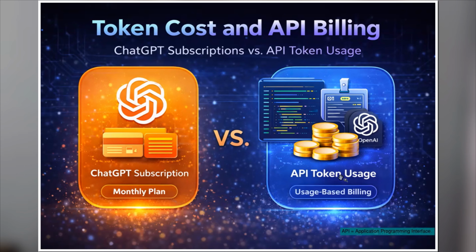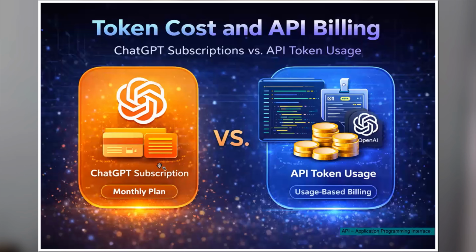The API is the application programming interface. When you have your plan, let's say with ChatGPT or OpenAI, this subscription plan is for you to be subscribed to this model. But as you work in programming and create a model, there is an additional cost.